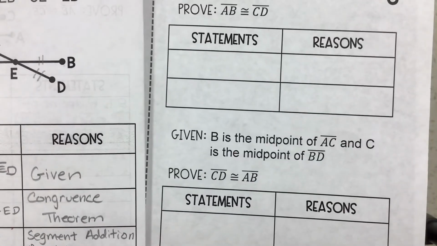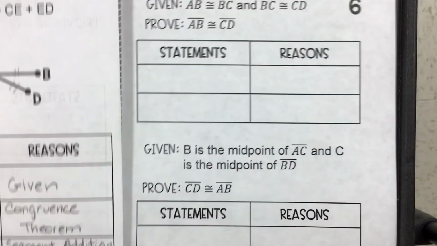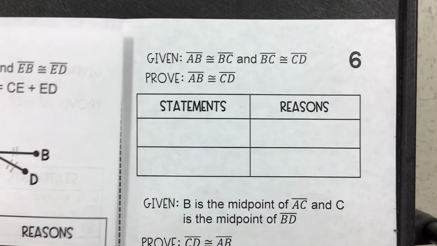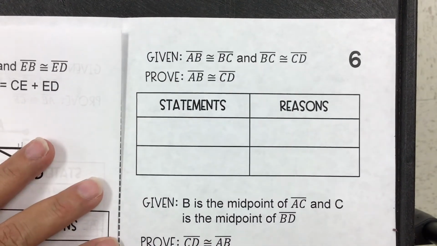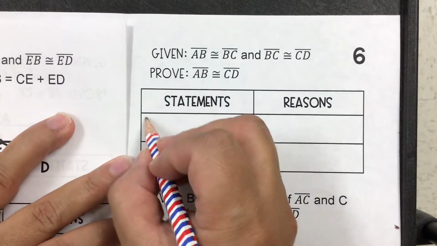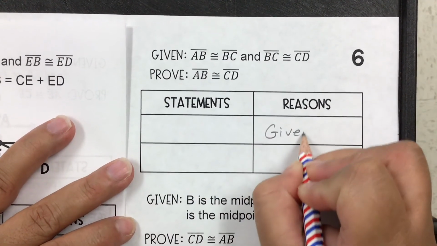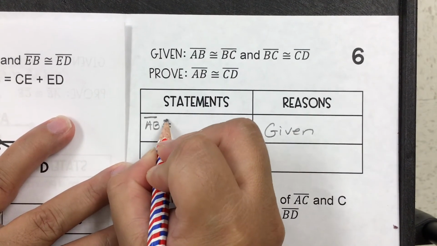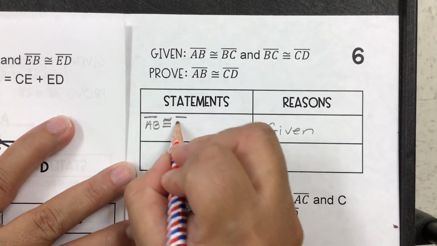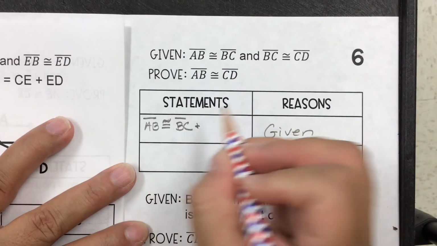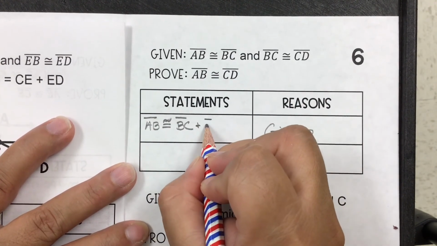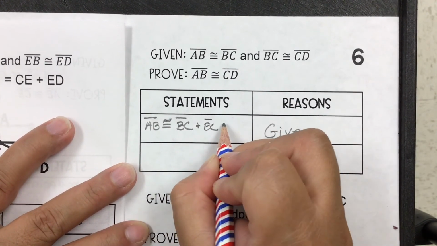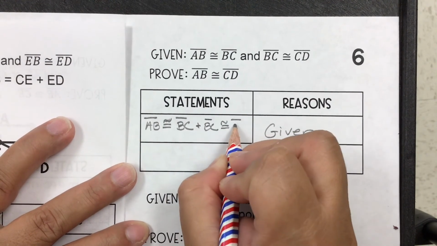Number 6. Okay, so they tell me that all these segments are equal or congruent. So that's the reason I can write them, is that they were given. That the segment AB is congruent to the segment BC, and that the segment BC is congruent to the segment CD.